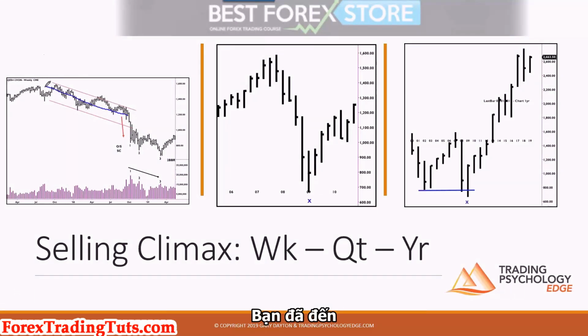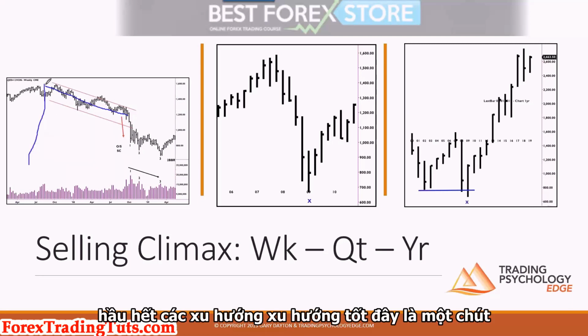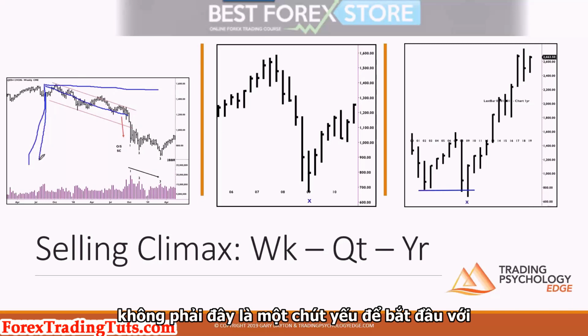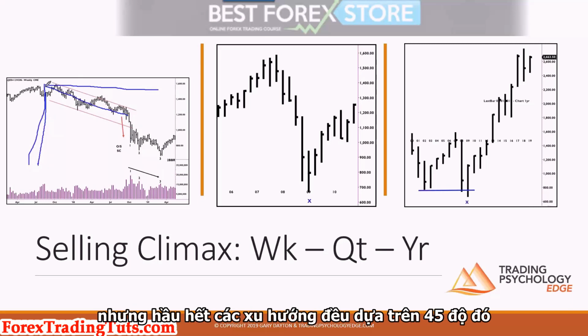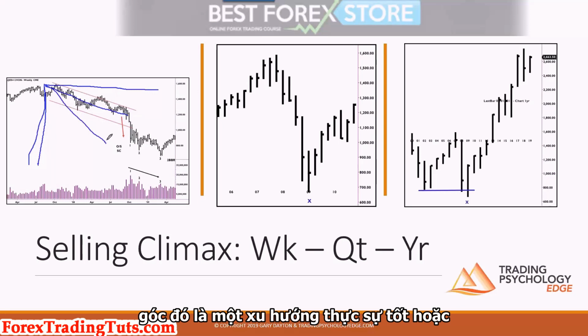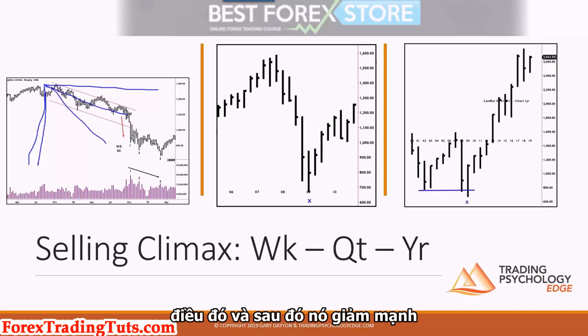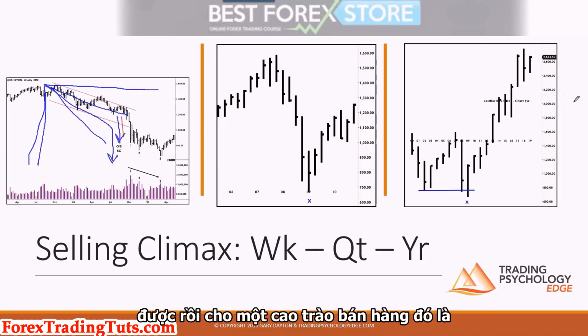Most good trends are on that 45-degree angle. That's a really good trend, either up or down. Here it's a little weak to start with and not quite on that angle, and then it plummets. If it was on a 45-degree angle, it still would plummet for a selling climax.